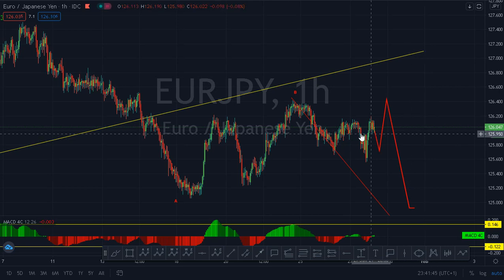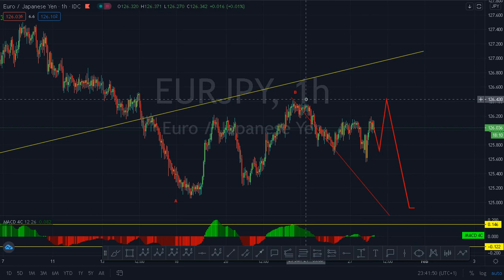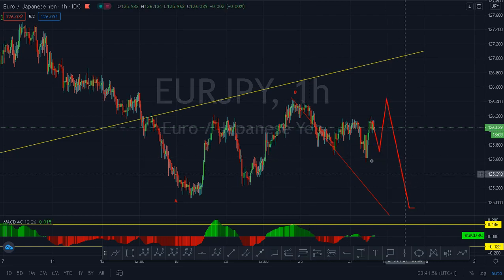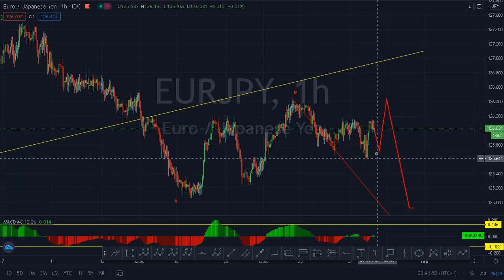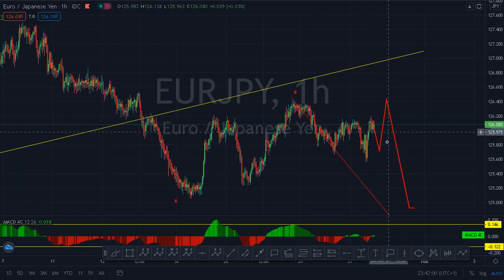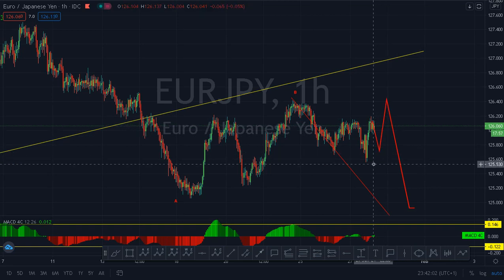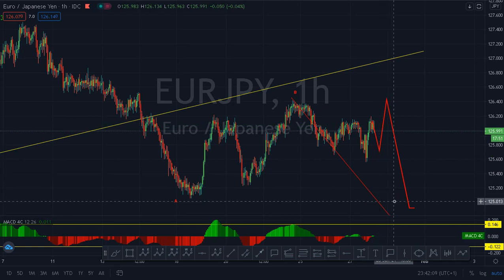Therefore, if you are afraid of losing your stop loss, you may consider closing your trade. Then if this doesn't happen, if the market comes back here and closes above this level, you enter sell again. It's still a good trade. Okay.